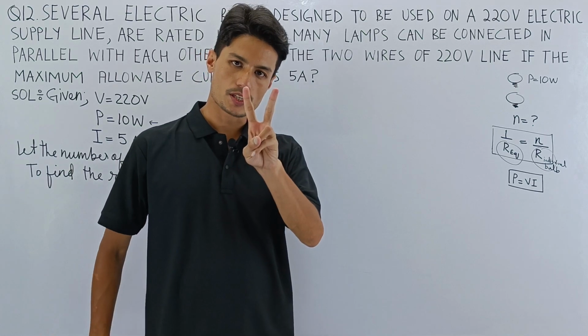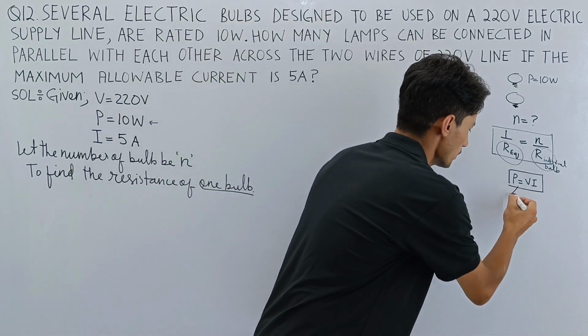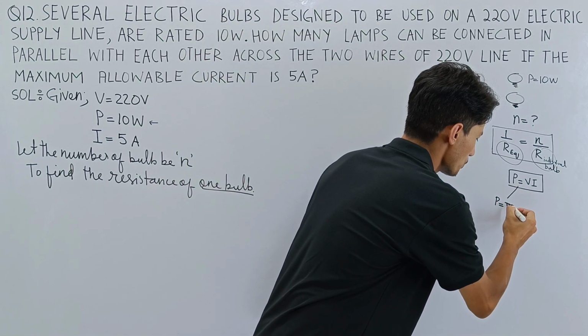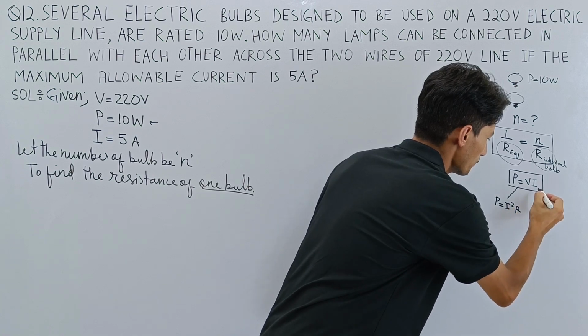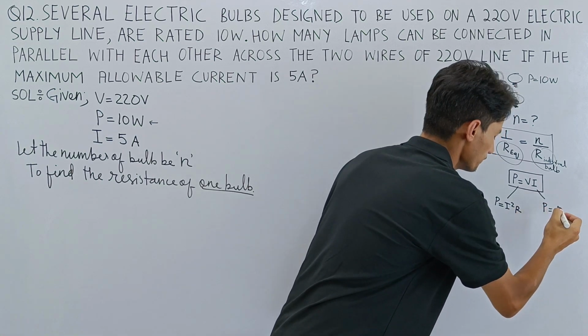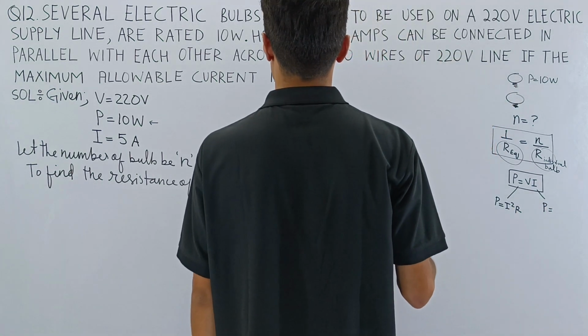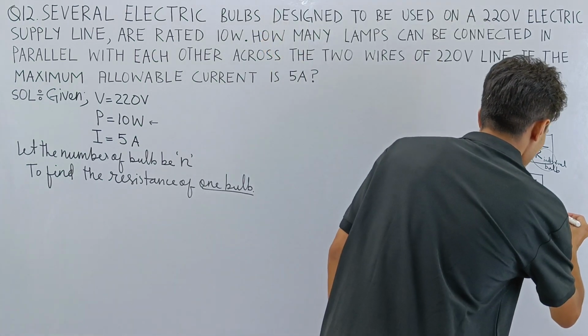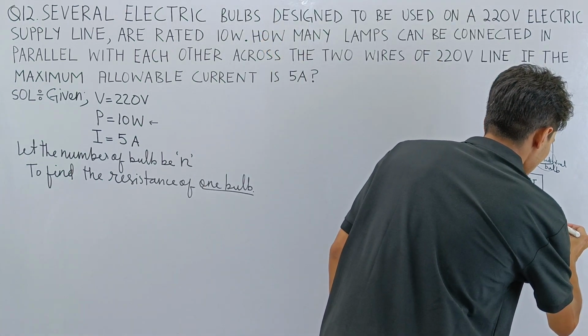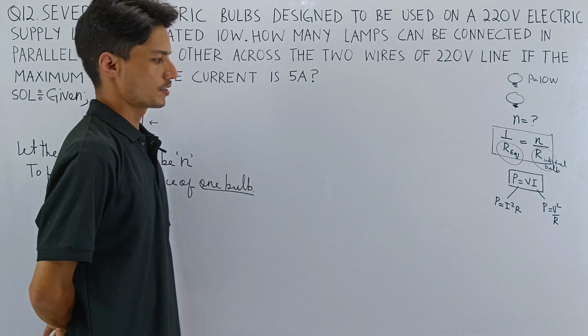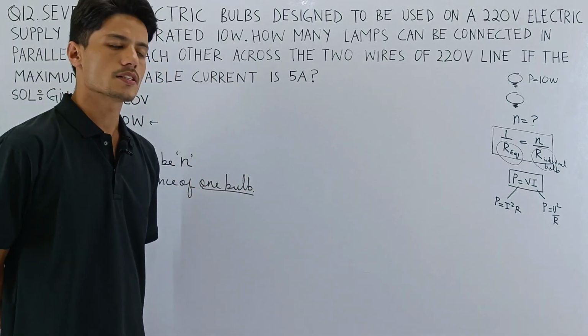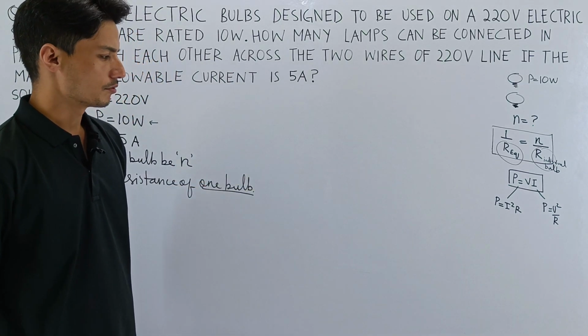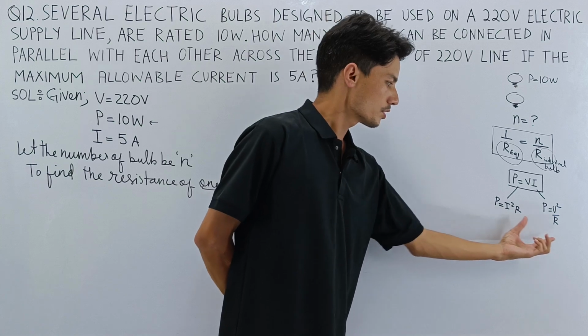But there are two more formulas of power. Power is equal to I square R, and the other formula, if I'm not mistaken, is V square by R. Now, which formula should I use?